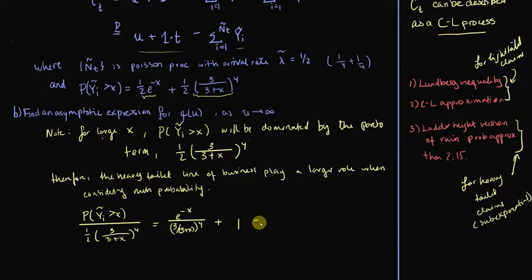And if you let x tend to infinity, then because the exponential part goes to 0 much quicker than this polynomial part, this entire thing will tend towards 1 as x tends to infinity. So, in fact, the tail probability is asymptotically equivalent to the Pareto part of the mixture's tail probability.